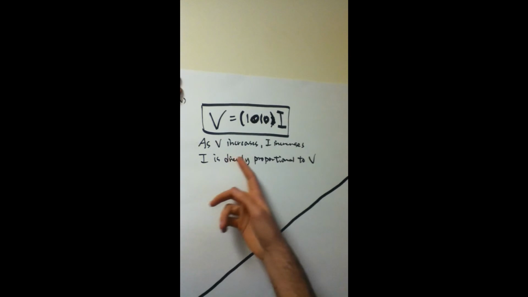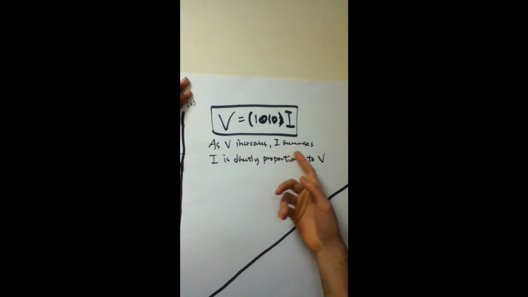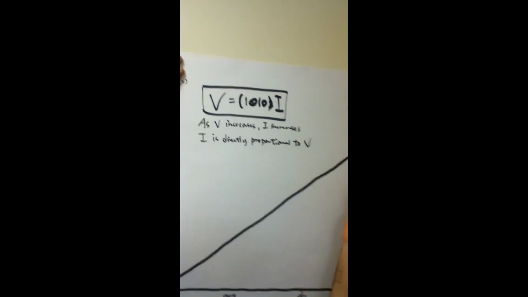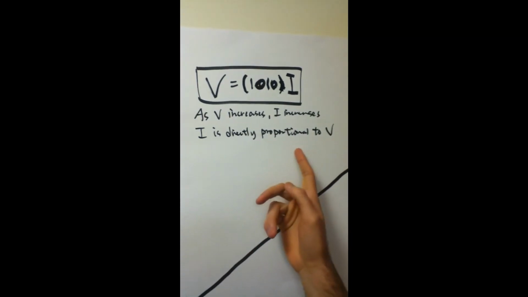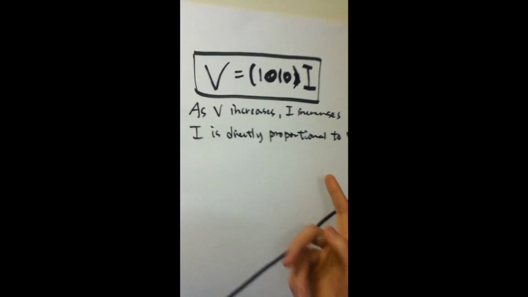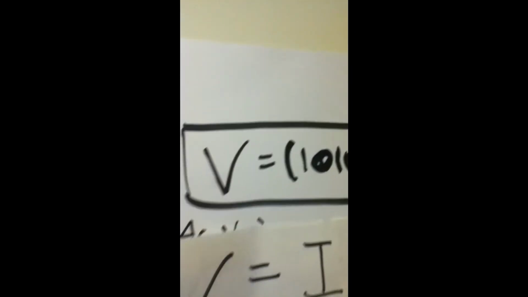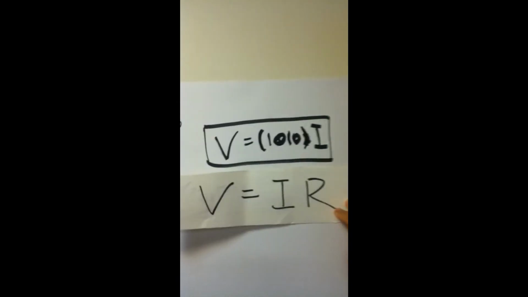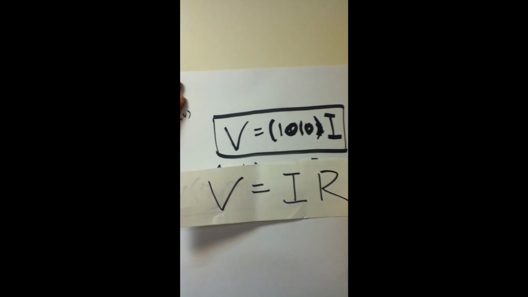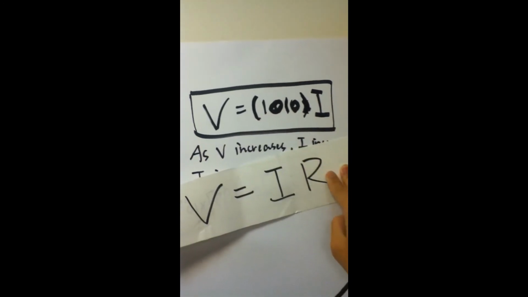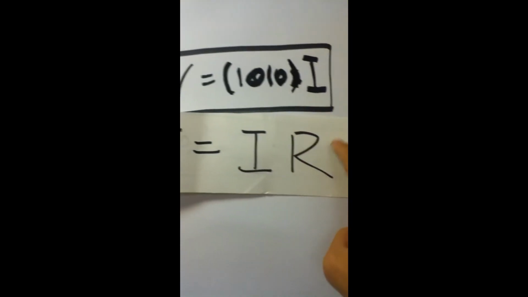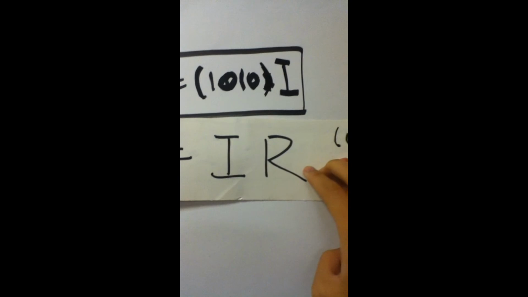Now, as V increases, I also increases. I is directly proportional to V. And if you compare to Ohm's law, V equals IR, you'll find that 1010 is basically the resistance.